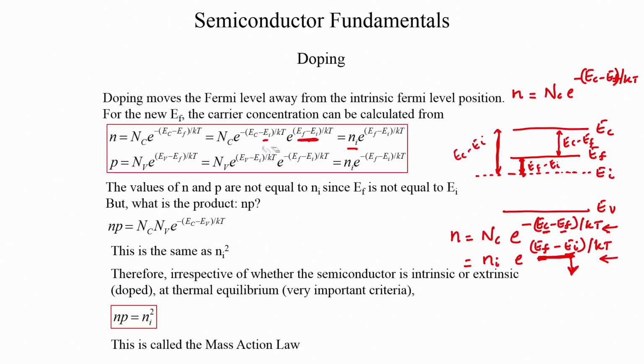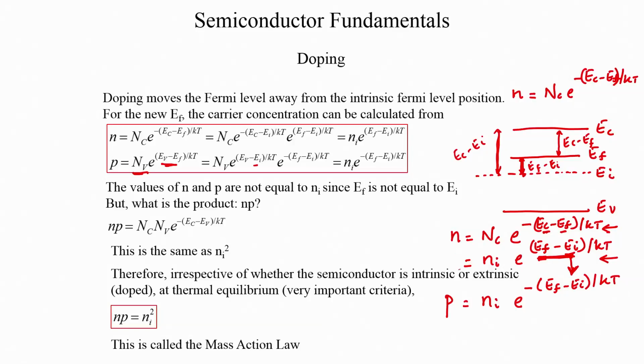We could create a similar expression for the holes, which is the hole population in the valence band, basically Nv into e to the power (Ev minus Ef) by kT. We again bring in the Ei, and you find that the hole population can also be represented as Ni e to the power minus (Ef minus Ei) by kT.